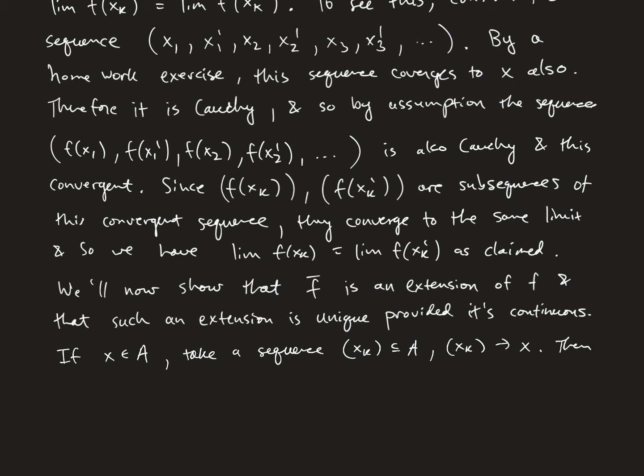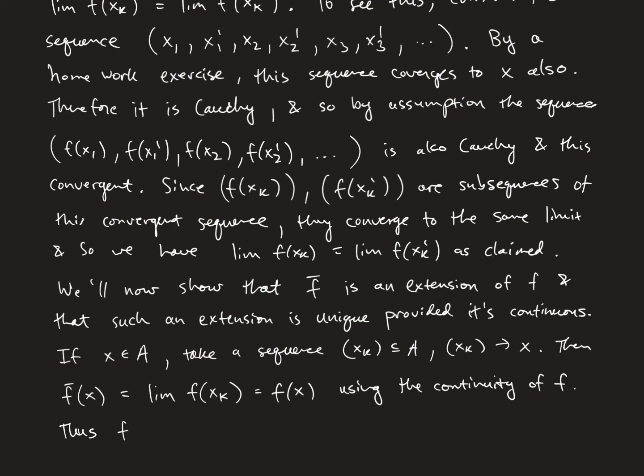Well, then f bar at this x is by definition equal to the limit of the f of xk's, but the limit of the f of xk's is just equal to f of x because f is continuous. So this equals f of x using the continuity of f. Thus f bar restricted to A is equal to f.